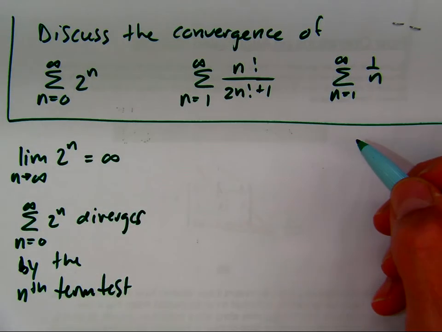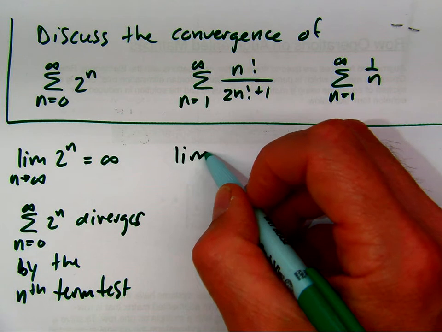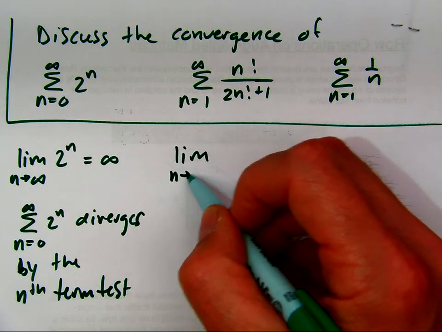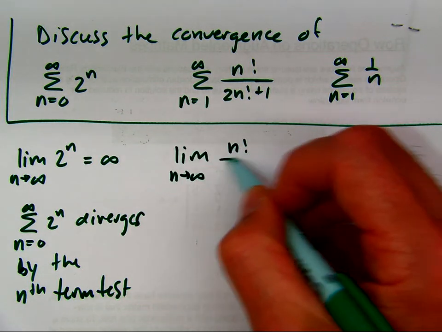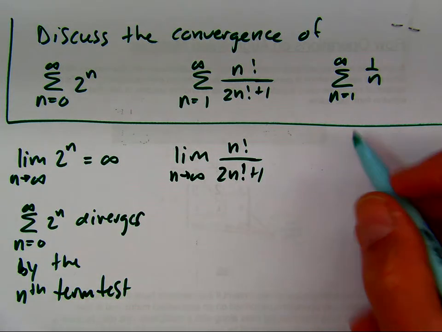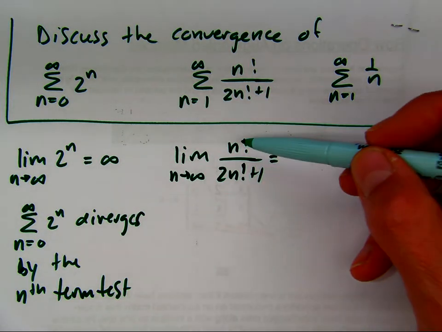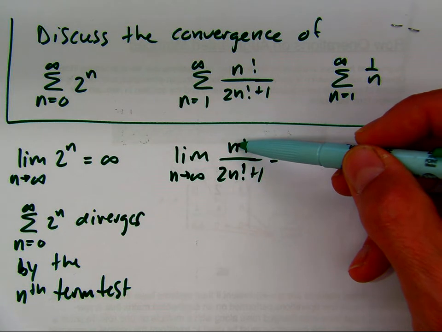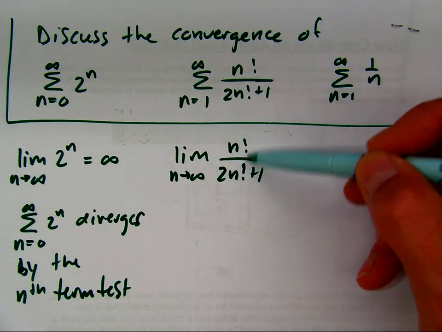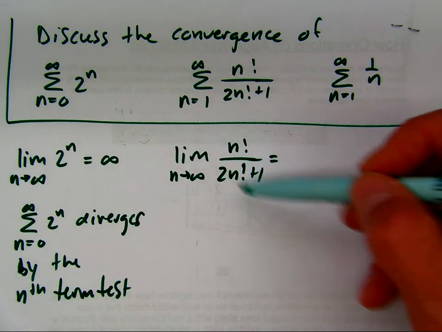All right. So let's look at what's happening here. The limit as n goes to infinity. And we could see what's happening here if we made a table and we chose a large number here and a large number there, factorial, like 100 factorial. Here we have 100 factorial times 2 plus 1.